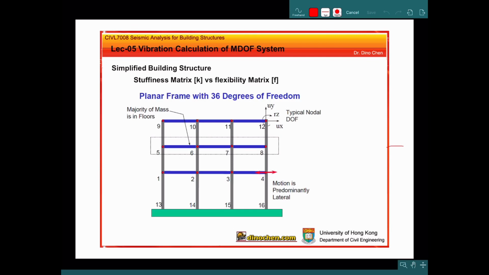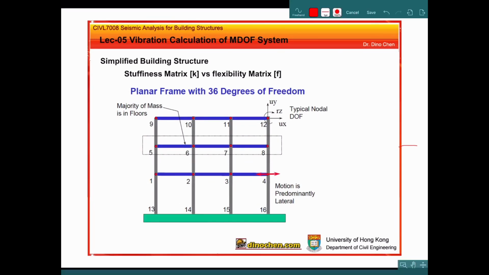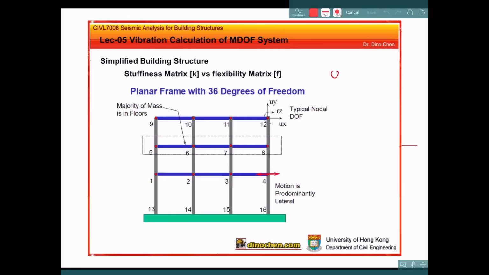In general, for this model, each node has 3 DOFs. So we can count that this has 16 nodes, so actually this system should have 48 degrees of freedom.